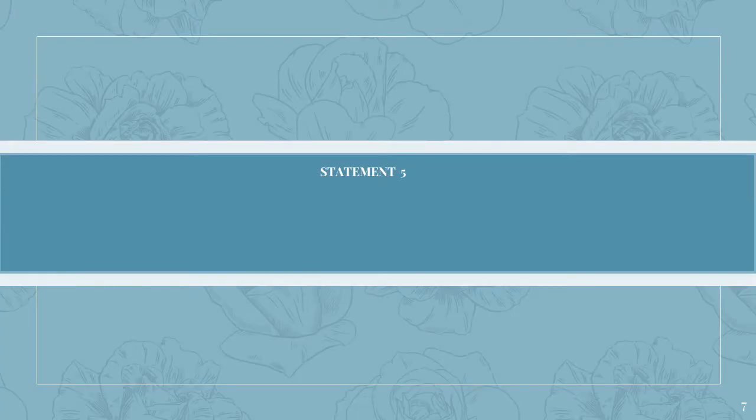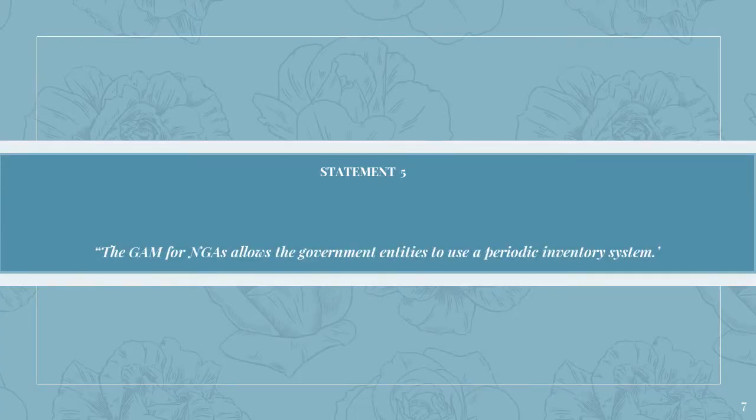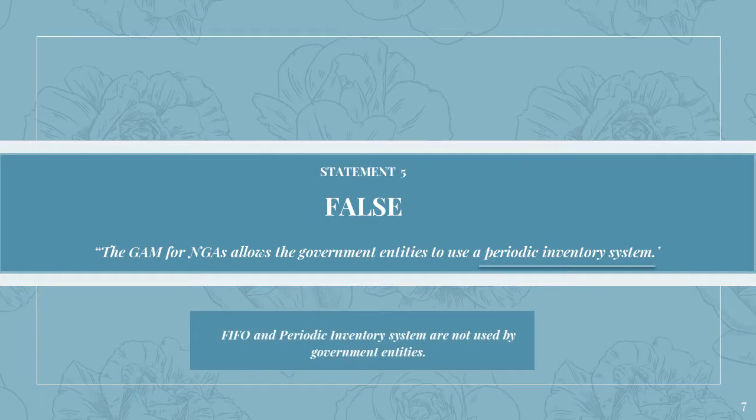For the fifth statement, the GAM for NGAS allows government entities to use a periodic inventory system. The answer for this statement would be false, for the same reason as the last statement: both FIFO and periodic inventory systems are not used by government entities.